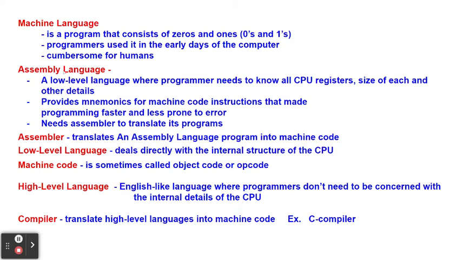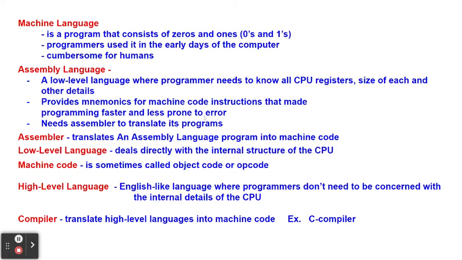Later on, they developed assembly language, which is a low-level language where the programmer doesn't need to write zeros and ones anymore, but needs to know all about the CPU registers or details about the computer, such as the size of its registers and other details. Now, assembly language provides mnemonics for machine code instructions that made programming faster compared with writing zeros and ones, and it became less prone to error.